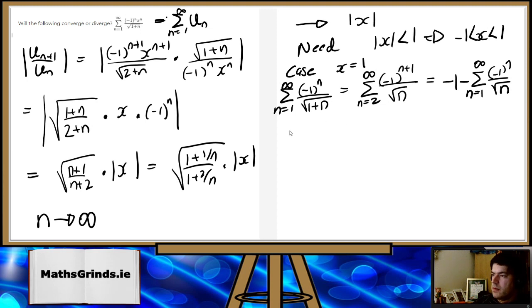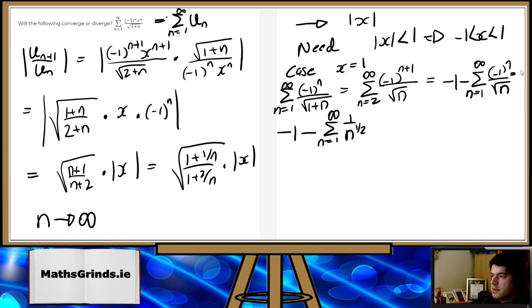Now, this will be between, if I force all of these to be negative. Actually, let me make that even clearer. Minus 1 minus the sum from 1 to infinity of 1 over n to the power of a half.